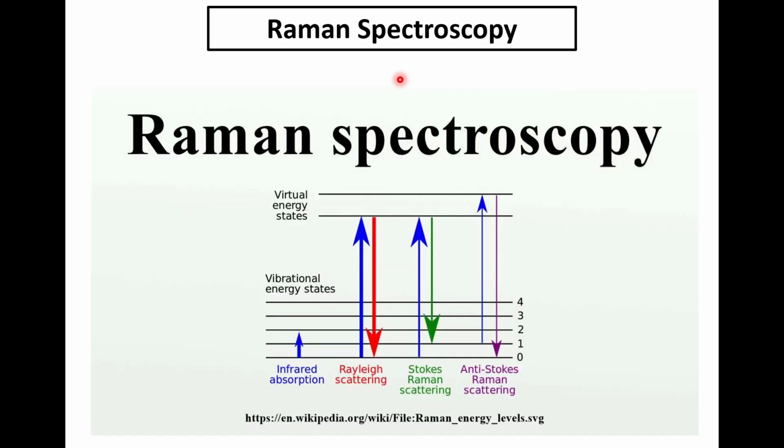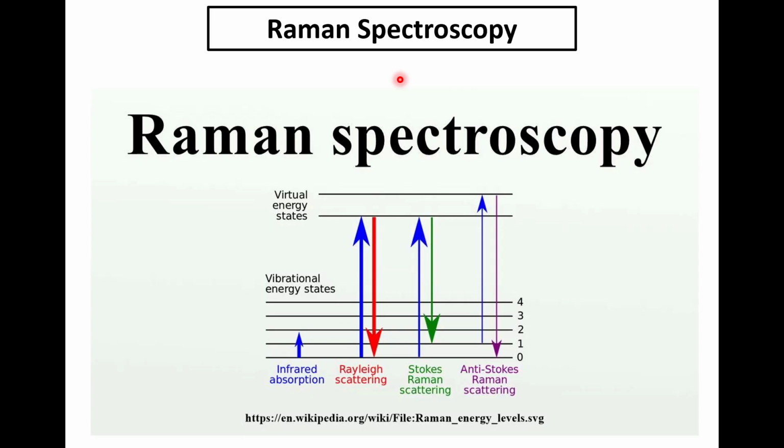Now we are moving into another kind of spectroscopy, which is known as Raman spectroscopy. As I mentioned at the start of today's discussion, in Raman spectroscopy you make use of the different rotations of your molecules in space.